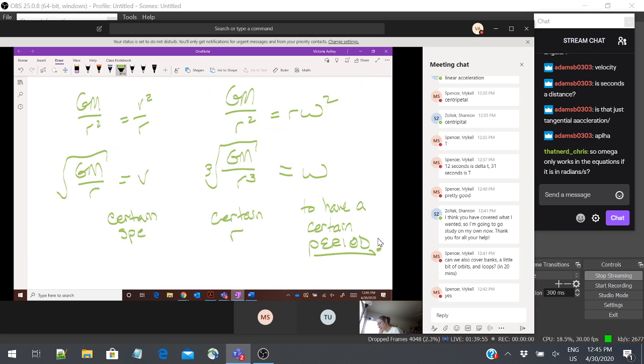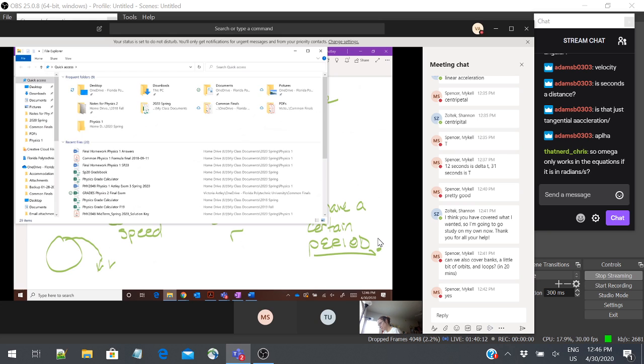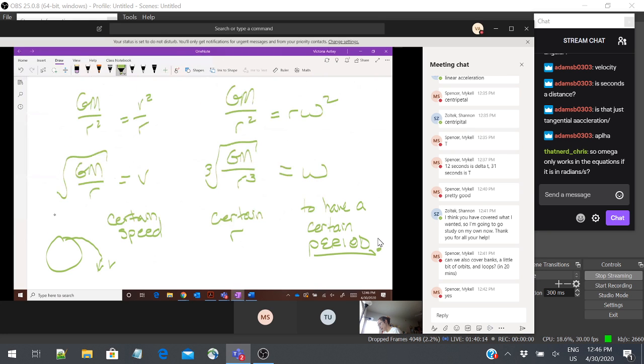So this is for things like trying to launch a satellite, and it can have some certain amount of speed as it reaches its orbit. You launch it, and it'll have some speed. There is some radius r that corresponds to being able to maintain an orbit at that speed.